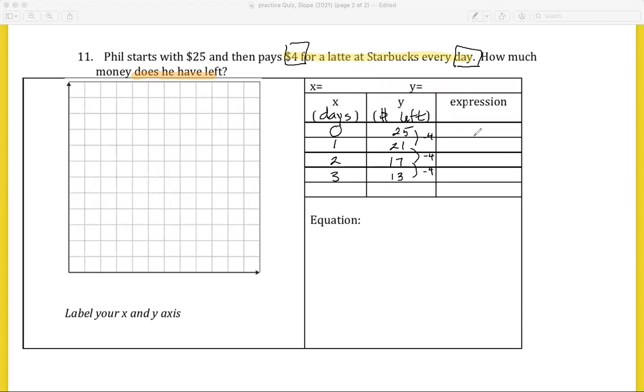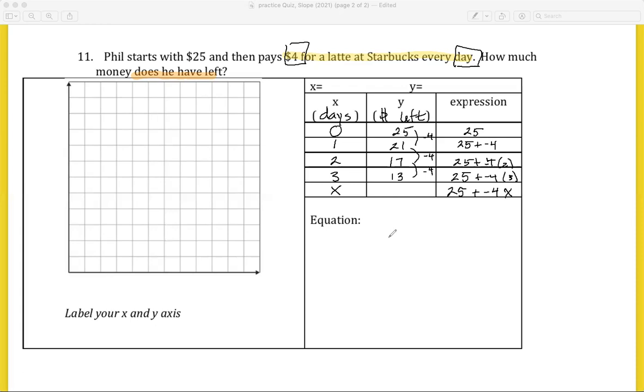All right, so the expression, we started with the 25. After 1 day, we subtracted 1 group of 4. 2 days, we subtracted 2 groups of 4. So 2 times -4 is 2 groups of -4. 3 days, we're going to subtract 1, 2, 3 groups of -4, which means for X days, it's going to be -4 times X. X groups of -4 being subtracted from the 25. 1 for each number of days.